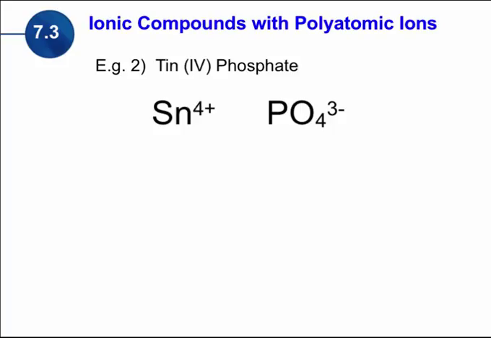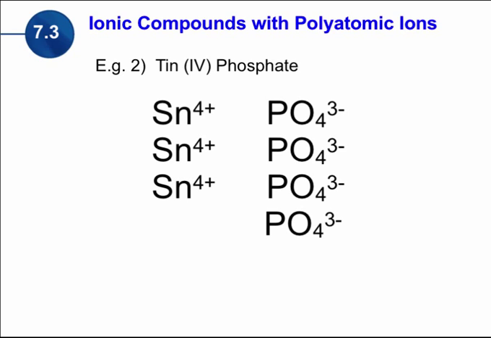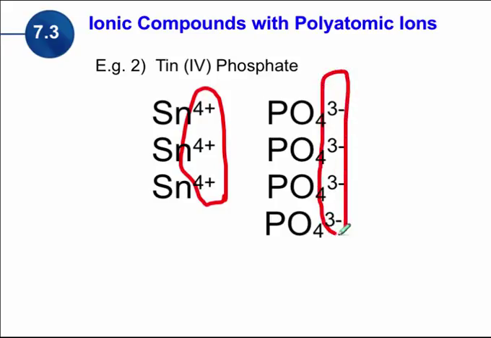Now this one, the numbers get a little bit higher, but to balance the charges, we'll need 3 of the tin 4s. Notice the charges here all balance to a plus 12. All of these 3 minuses, if we add them up, are negative 12, and we have balanced charges.